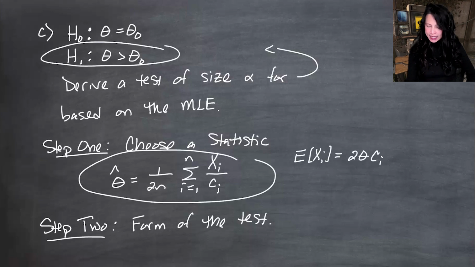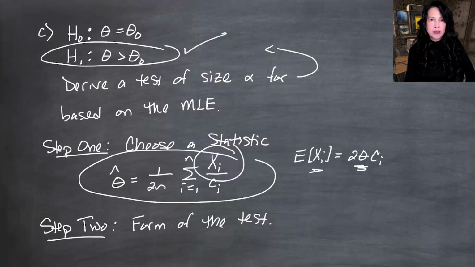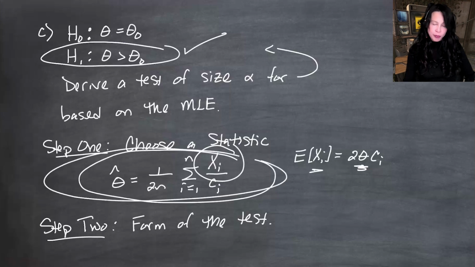So you can see as theta gets large, each Xi will tend to get large, and this overall sum will tend to get large. So I will see evidence for this alternative hypothesis being true if I grab my data and compute the actual numerical value of this and it is large.